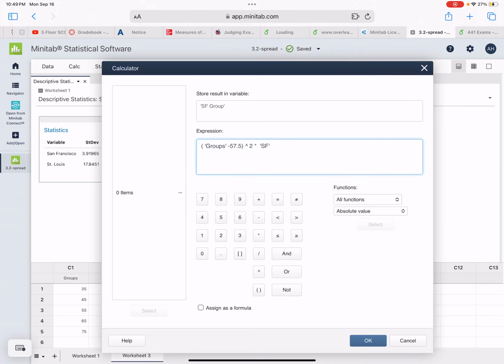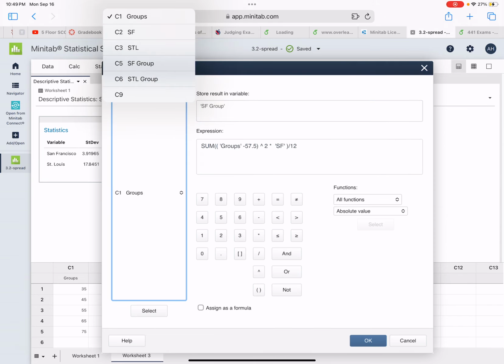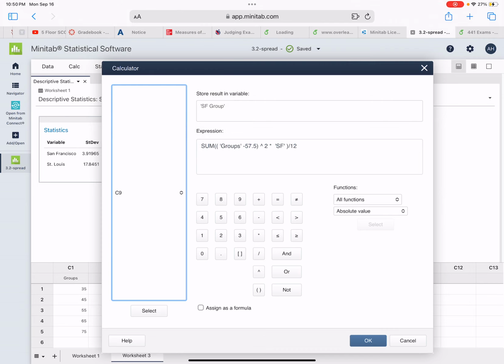So now we want to sum all of this data and then divide it by 12. Let's store it in maybe another place. Store it there. Okay.